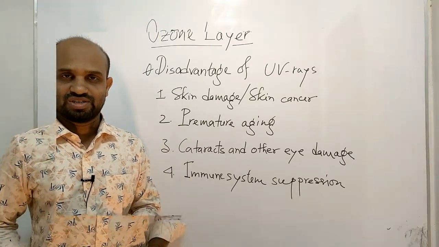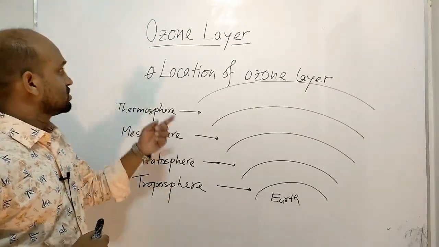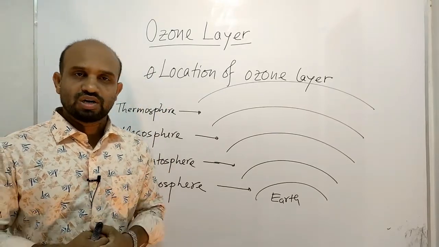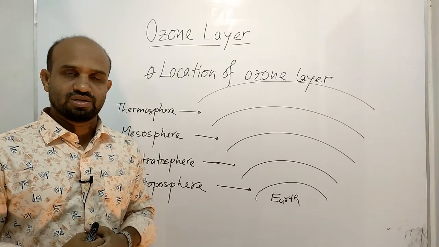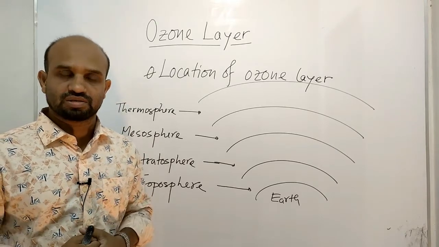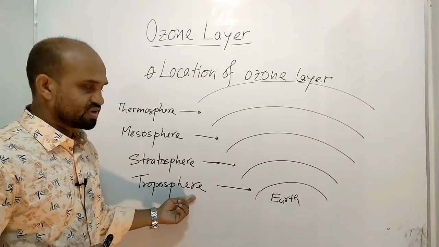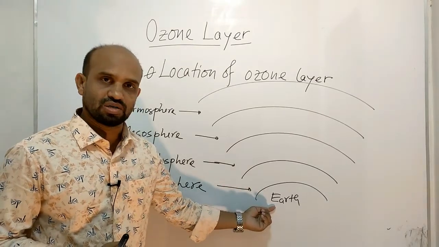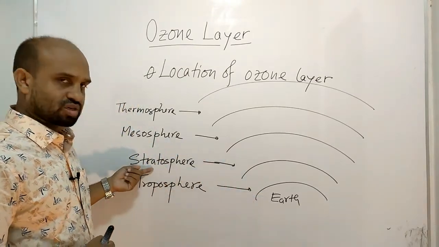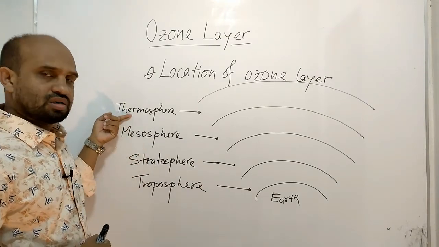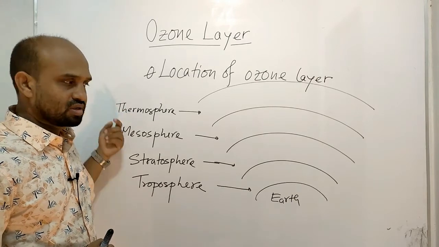Let's see the next point. The point is now location of ozone layer. We already have learned from the previous lecture that there are some layers in the atmosphere. Those are troposphere nearer to the earth, then stratosphere, then mesosphere, and then thermosphere.